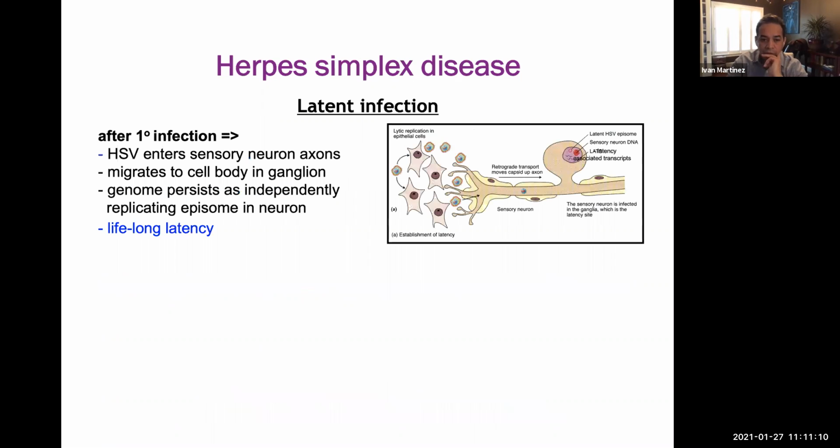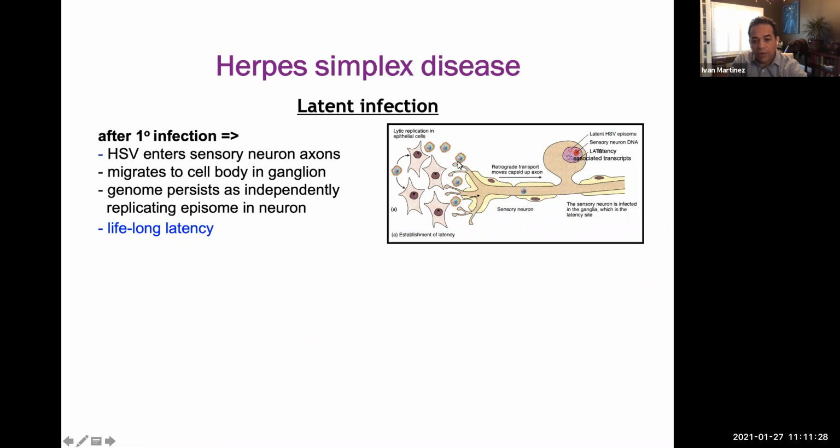This is a reason why it's very hard to get rid of herpes viruses the moment they infect you. The first cells the virus infects are your epithelium, and that's when they have this lytic replication.